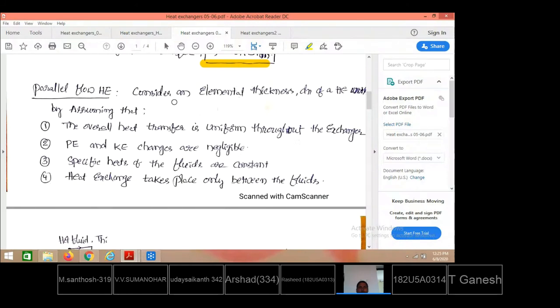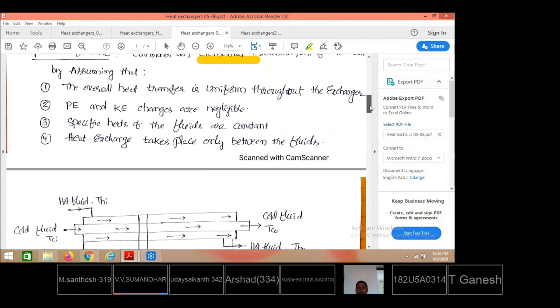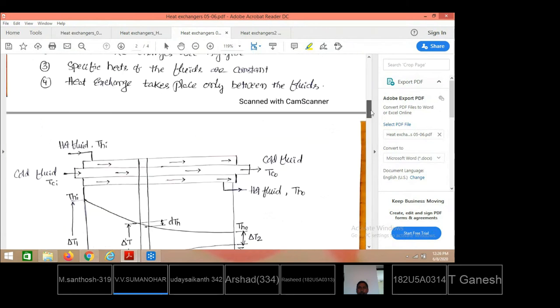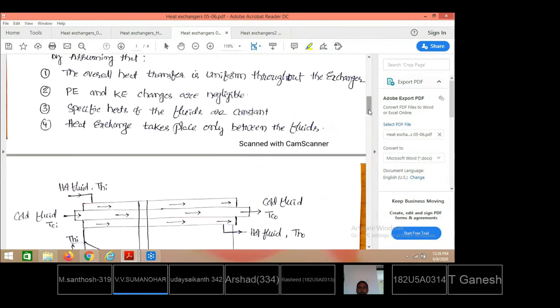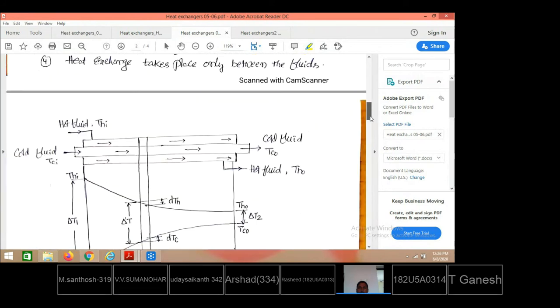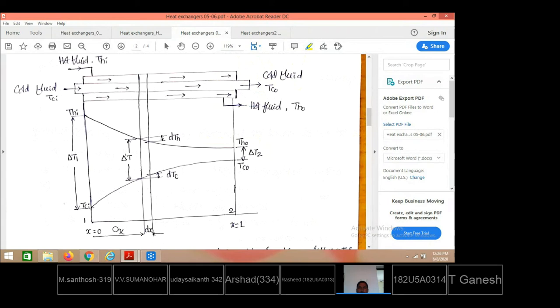For a parallel flow heat exchanger, we are considering an elemental thickness dx at a distance x from one side of the heat exchanger. A small elemental thickness dx of the heat exchanger is taken. Parallel flow heat exchanger means it is a double flow heat exchanger.